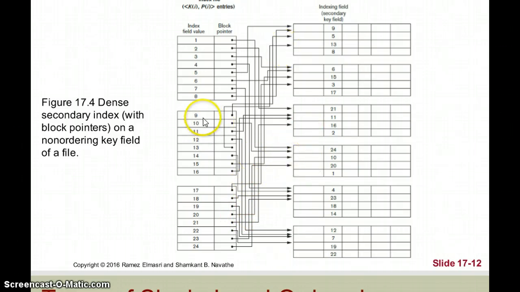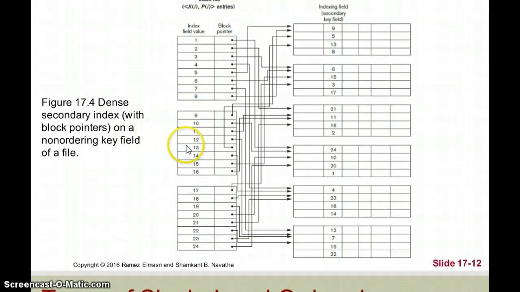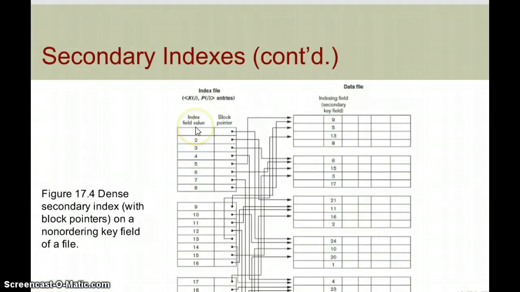When we are creating the index entry for 9, 9 will be after 1, 2, 3, 4, 5, 6, 7, 8. That means it is ordered, and the block pointer will point to the first block of our data file. So this is the example of secondary indexes.